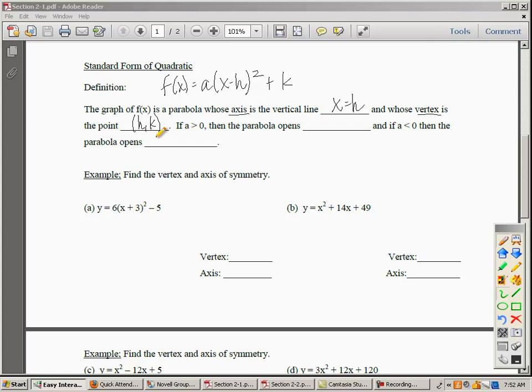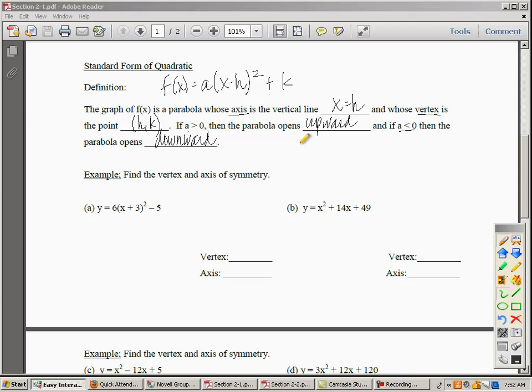If the value of a is greater than 0, our parabola will open upward. And if a is less than 0, then our parabola will open downward. If you want to just use up and down, you can do that too. But this is the general idea.